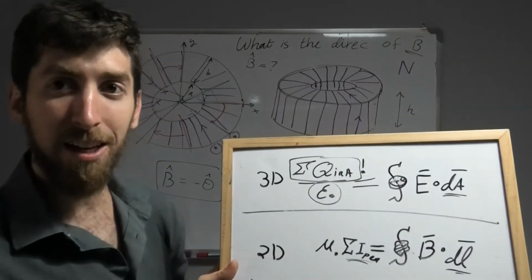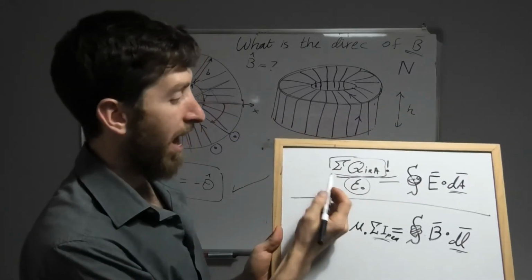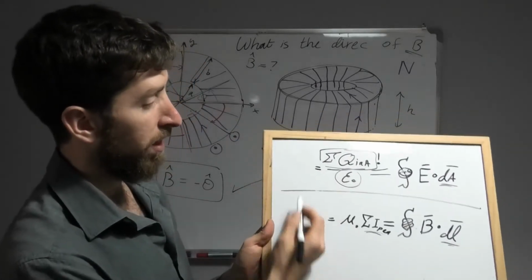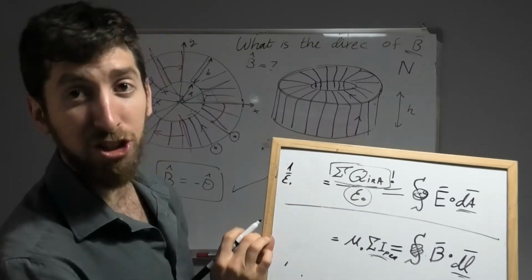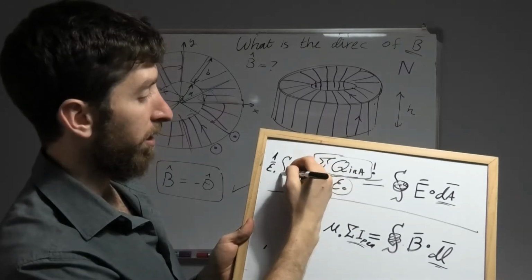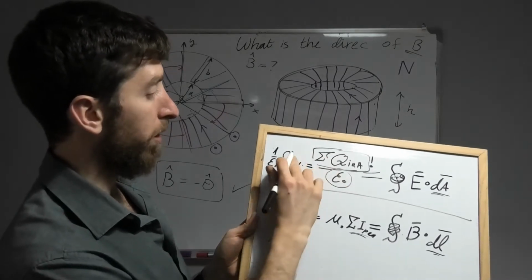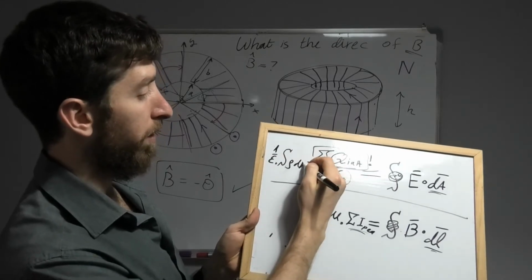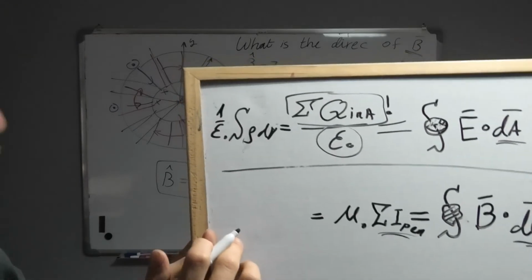I can even take it farther and said, and that's what you're probably gonna see in your homework. I can see that this one is actually equal to what? 1 over epsilon 0, and here is the charge density, right? I can take it to the volume idea, the integral of rho dV, the charge density, right, of each location. And here I can do the same idea.